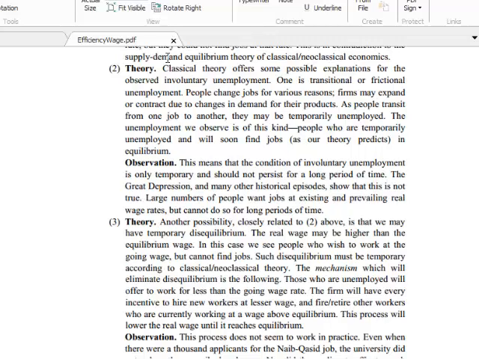The argument is made that the value of what the gainers get is more than the value of what the losers lose. Then the argument is made that this is true only if you have compensation. That is, let the benefit be shared. The benefit that is being derived by the rich people should be shared with the poor people.